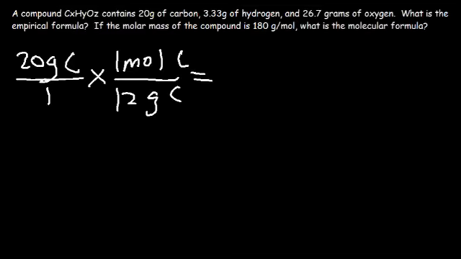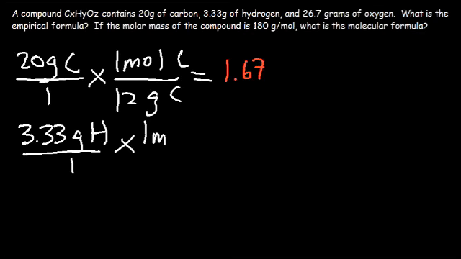So you can boost your math skills. 20 divided by 12 is about 1.67. And for hydrogen, which has a molar mass of about 1, it's going to be 3.33 for hydrogen.